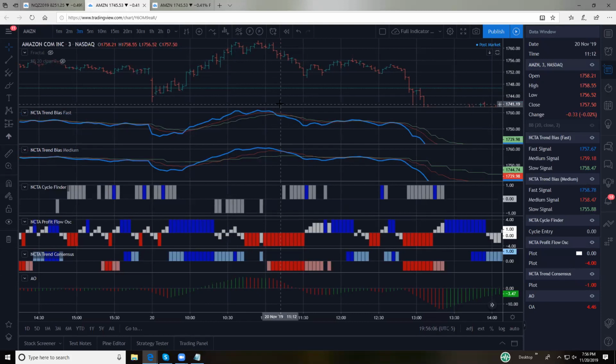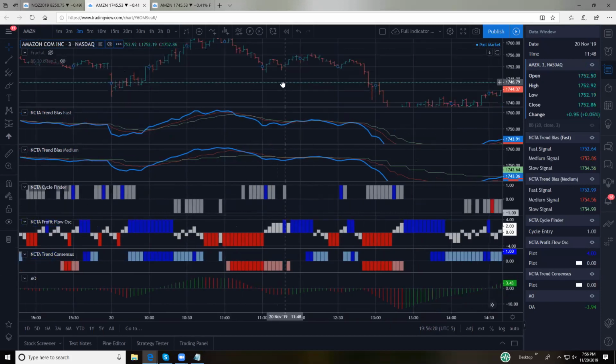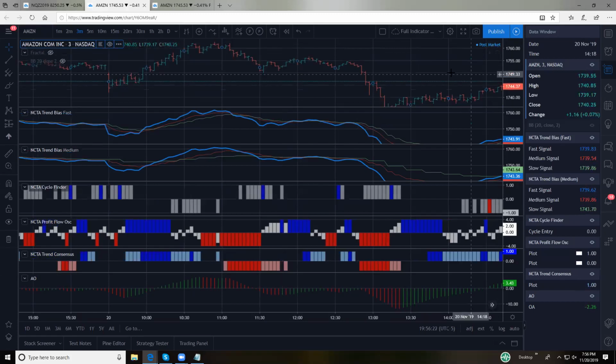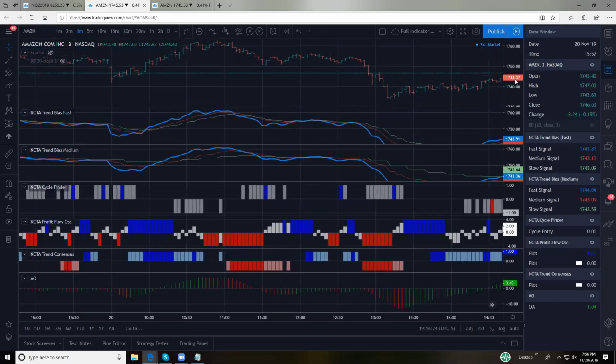And it's really important that you become familiar with the stock, get an understanding of how it moves and how it performs. What I know about Amazon is that it offers really nice opportunity, nice movements, just like an index does. When we had that rather unexpected sell-off today that we saw in NQ, it hit Amazon also.